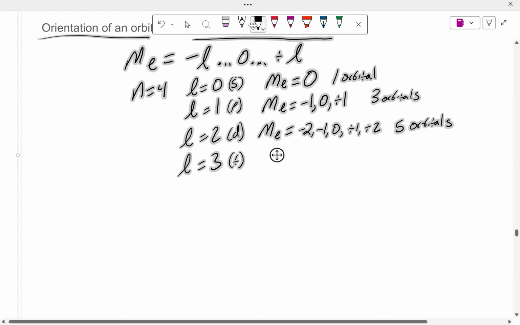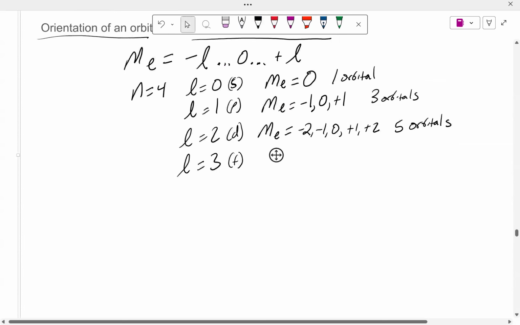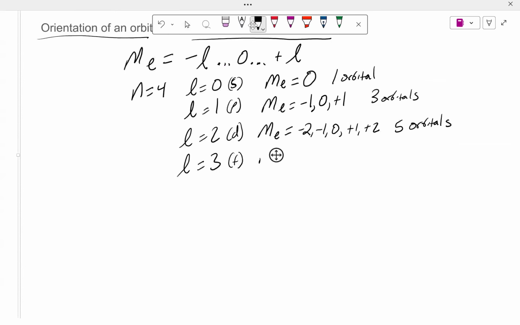And then finally, if L is 3, M sub L can be all the way from -3, -2, -1, 0, +1, +2, and +3, which is a total of 7 orbitals.